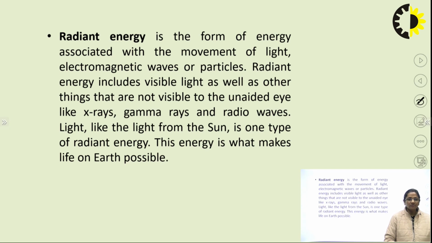Radiant energy. Radiant energy is the form of energy which is associated with the movement of light, electromagnetic waves, or particles. So, energy associated with the movement of light, electromagnetic waves, or particles is said to be the radiant energy.